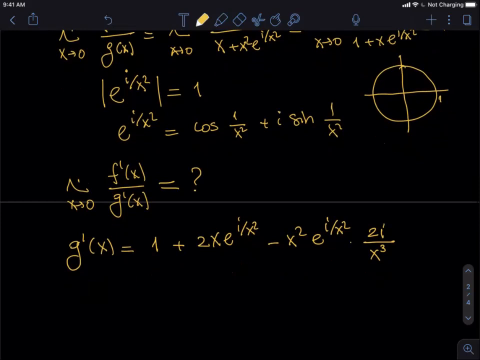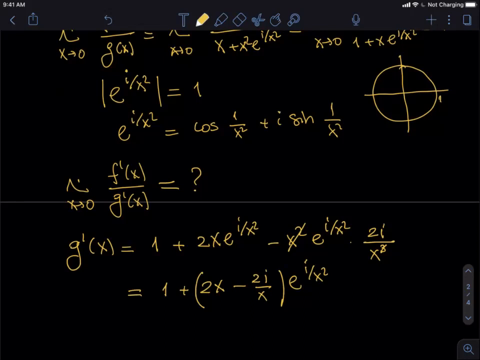So when I simplify, these two go, and this becomes 1 plus 2x minus 2i over x, times the exponential of i over x squared. Let's see, 2x minus 2i over x.